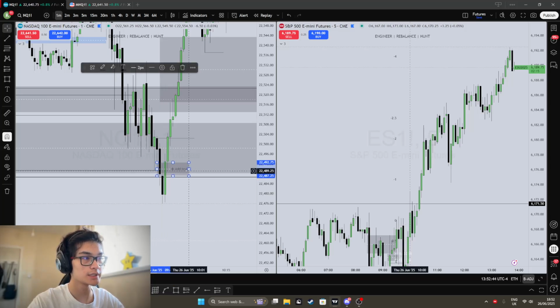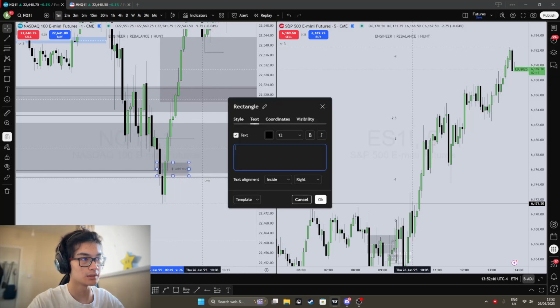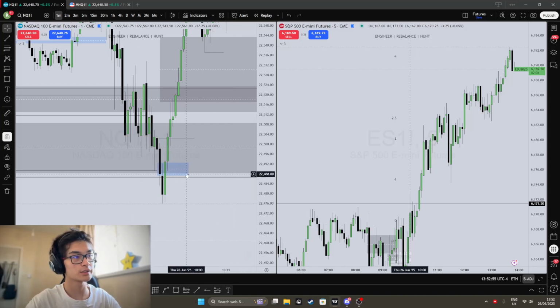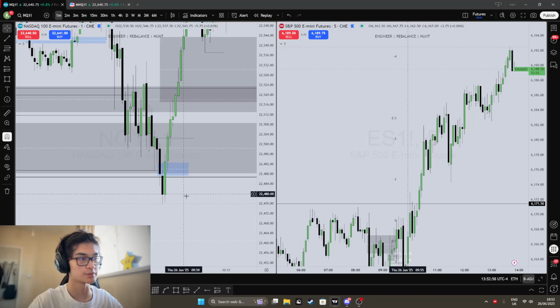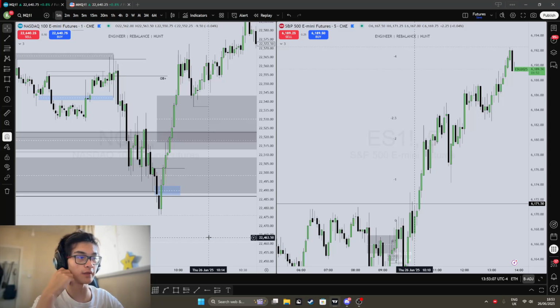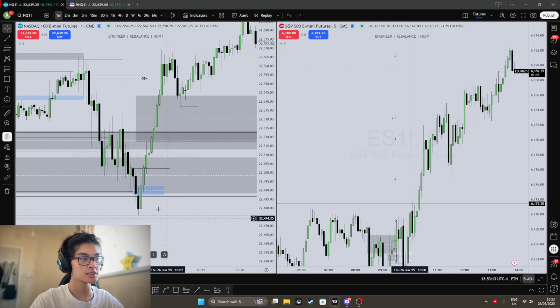Now I usually count the volume imbalance, but I've seen ICT said to not count the volume imbalance when the bottom wick causes consequent encroachment. I've seen through backtesting and through live markets that the constant encroachment with the volume imbalance actually has an effect in price. So I took this on forward testing.